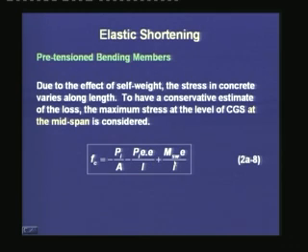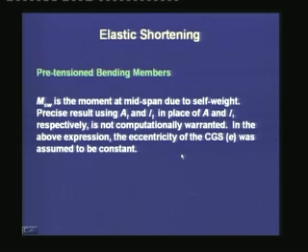And then there is a third term which is due to the self weight of the member. Since now the member is hogging up, the self weight is acting, and that also creates a stress, and the distance of the CGS is given by the eccentricity. Now, MSW is the moment at midspan due to the self weight.